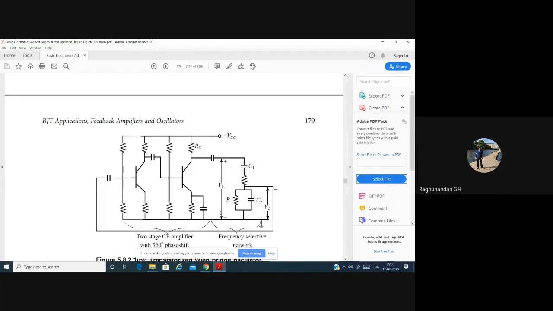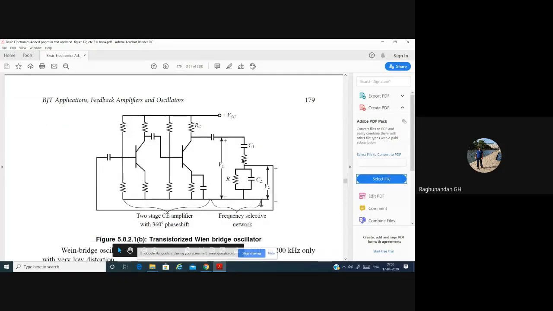Now the question is why we are bothered about this entire resistance. See here, the output given out by the amplifier is across this point. At this point we are taking the output, and the other point is obviously the ground. This entire thing is ground.